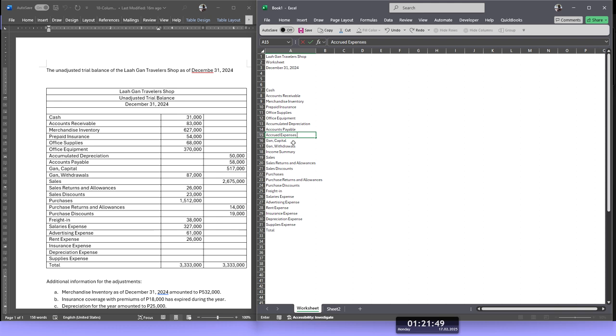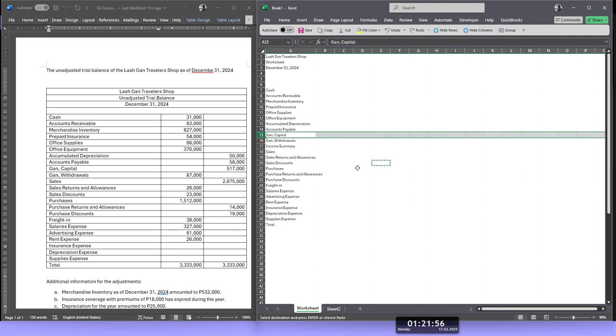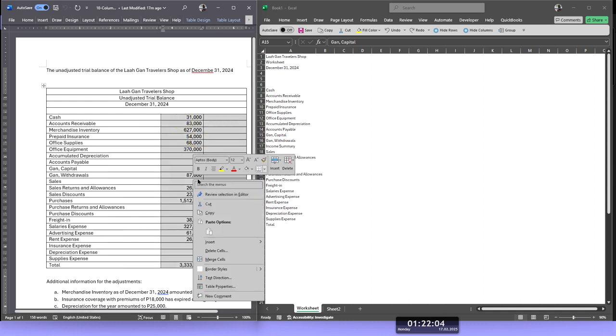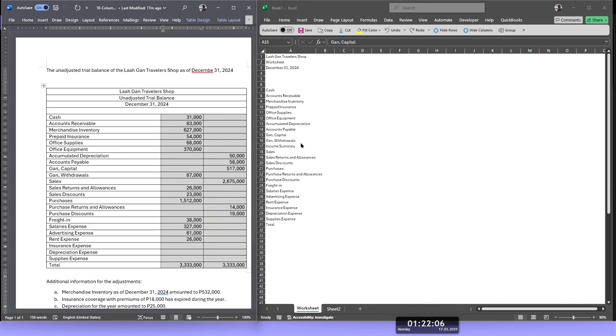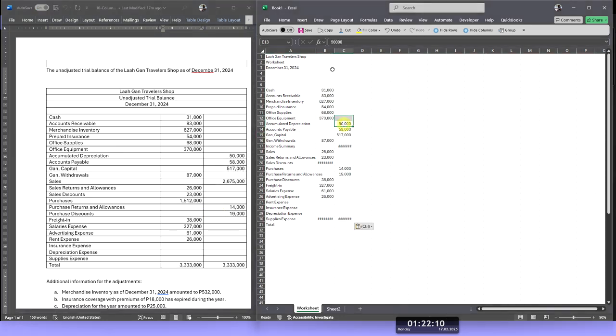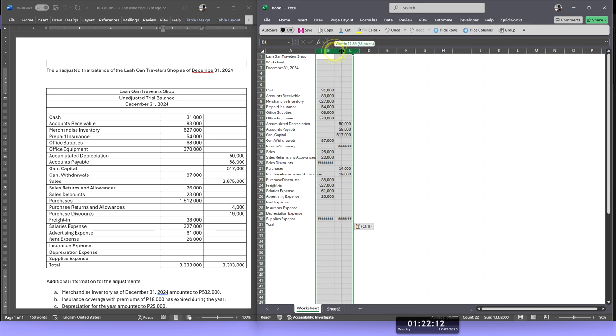Let me copy the amounts first, before adding the two accounts, so that I won't be formatting the amounts anymore. Okay, and that should be it.